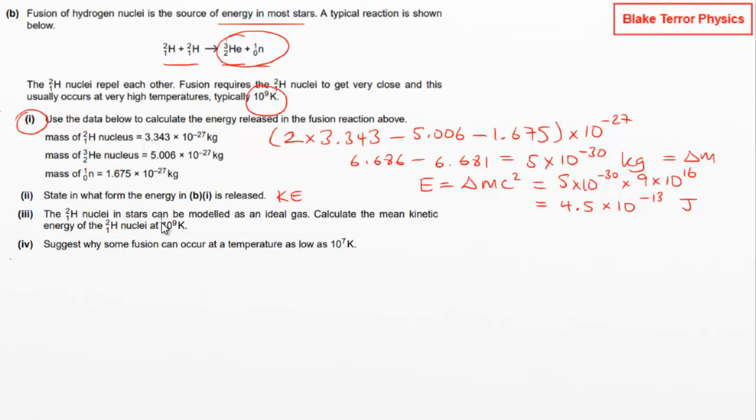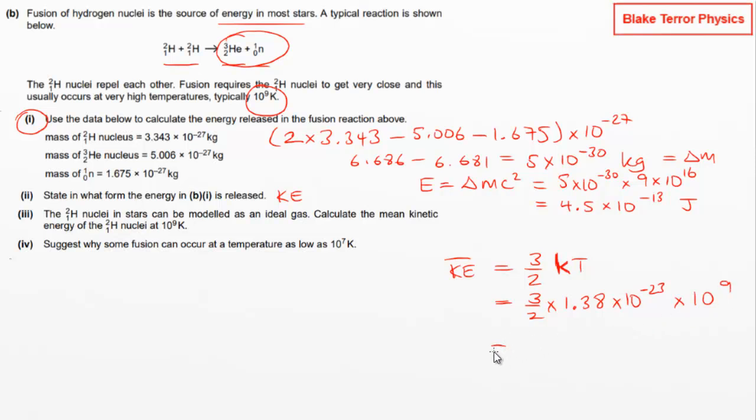The deuterium nuclei in stars can be modelled as an ideal gas. Calculate the mean kinetic energy of these nuclei at 10 to the 9 Kelvin. Right, so our mean kinetic energy is going to be 3 over 2 kT. That's going to be a little k for Boltzmann constant. So that is 3 over 2 times 1.38 times 10 to the minus 23 multiplied by 10 to the 9.